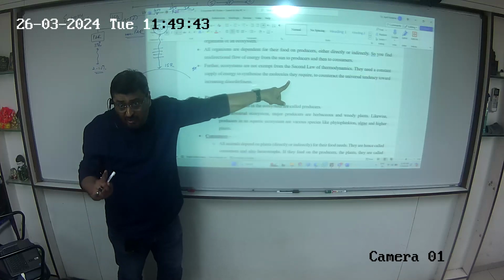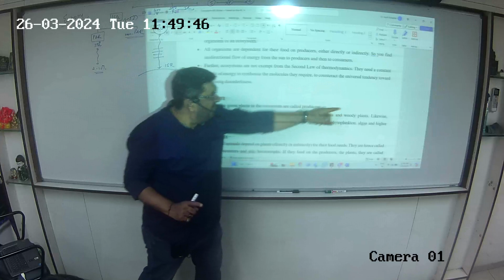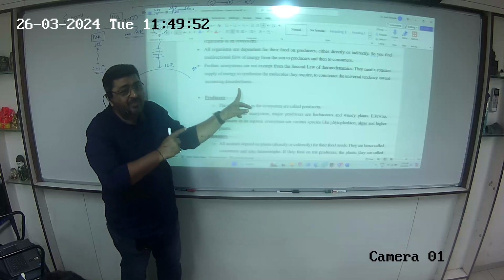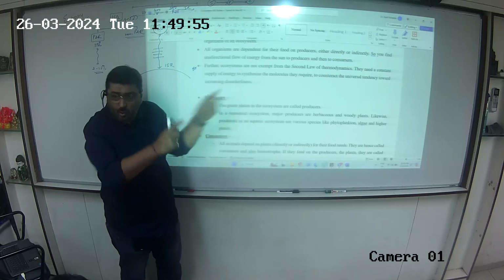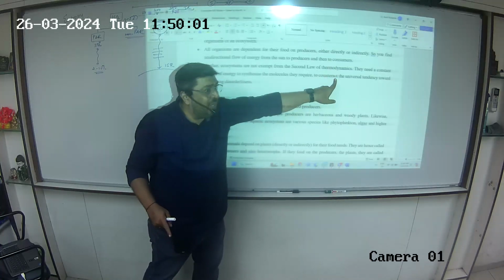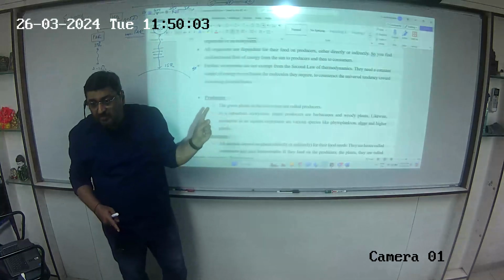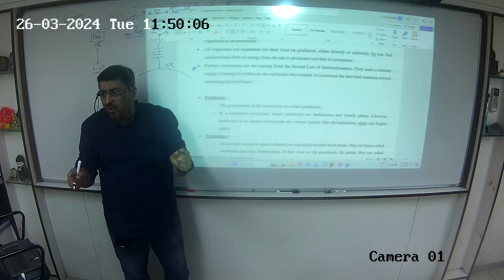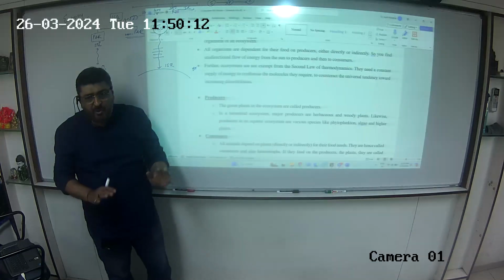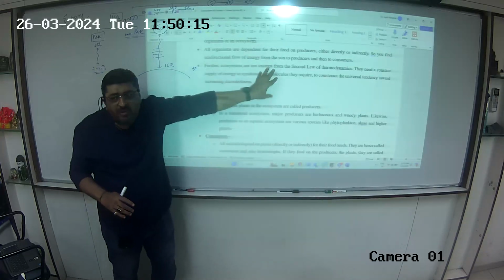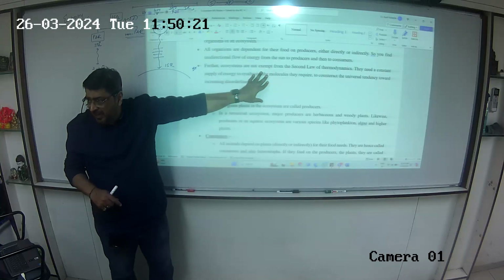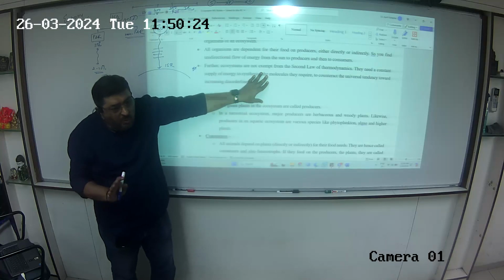Why do they want a continuous source of energy? To counteract the universal tendency towards increasing disorderliness. Increasing disorderliness is your entropy. So if we want to counteract this disorderliness, we require a continuous supply of energy. So this is the second law, and they are saying that even ecosystems follow this second law of thermodynamics, because here our focus is the source and flow of energy. That's why they have given the reference to the second law. Beyond this, we don't have to apply any more physics here.